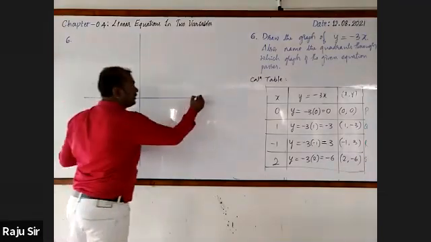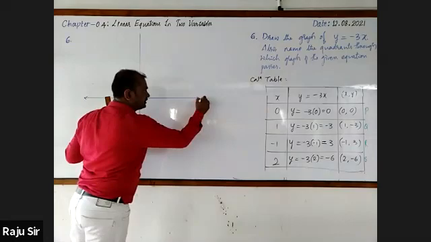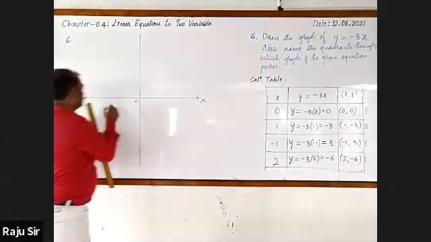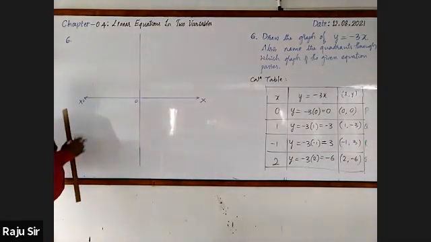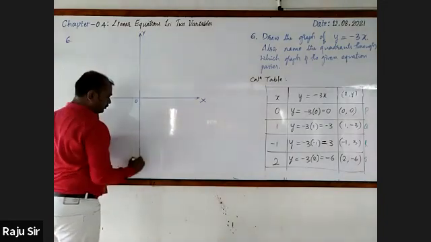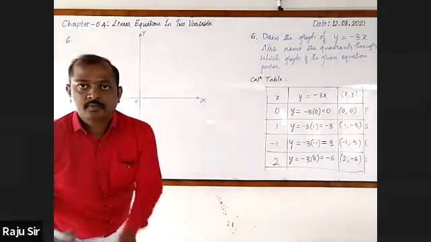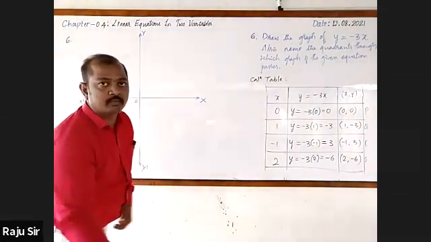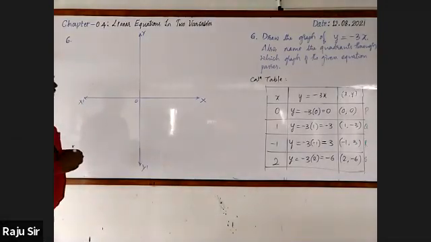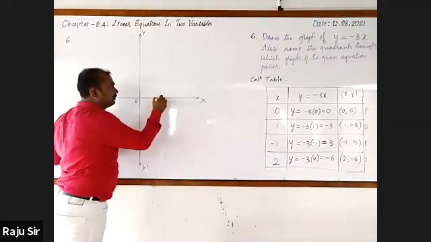Next, name the x-axis as X'OX and y-axis as Y'OY. Then just go on marking the point for every unit distance. In the graph sheet they have given the points of intersection.